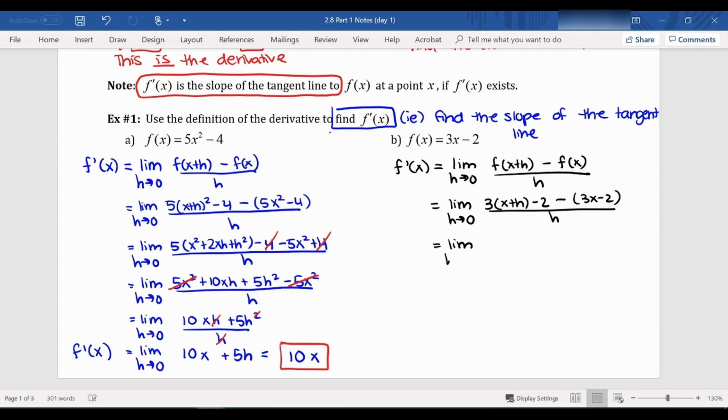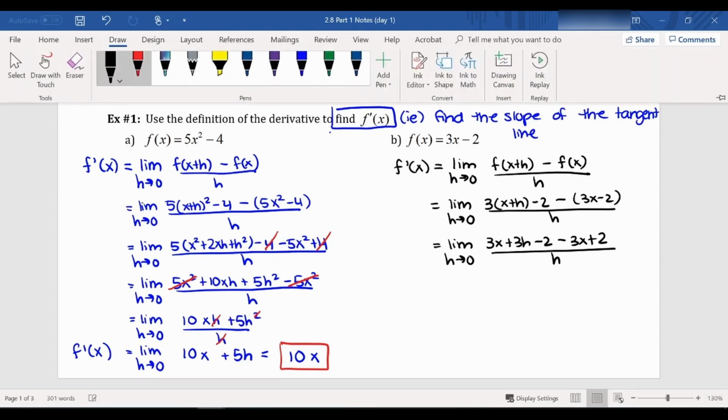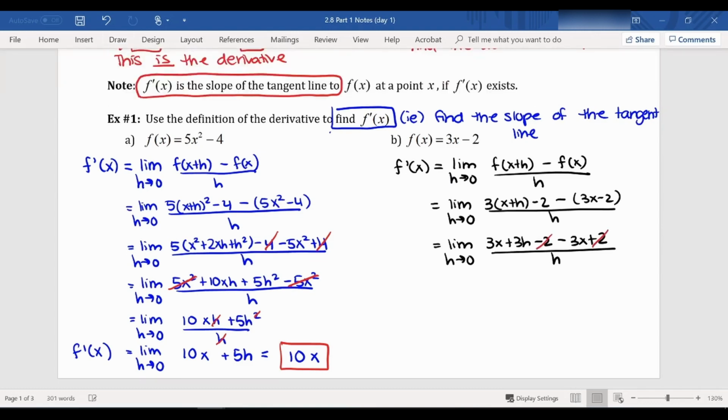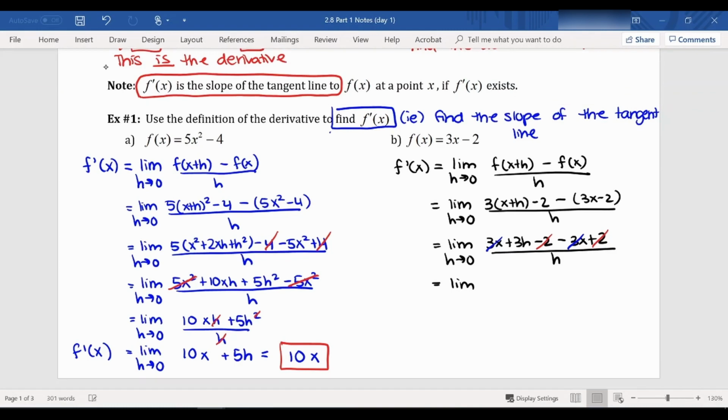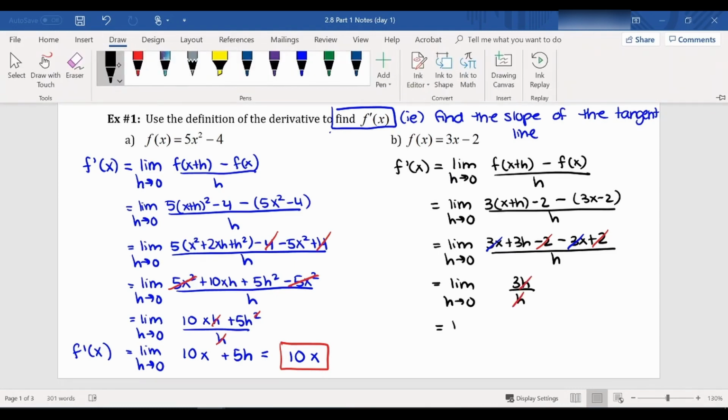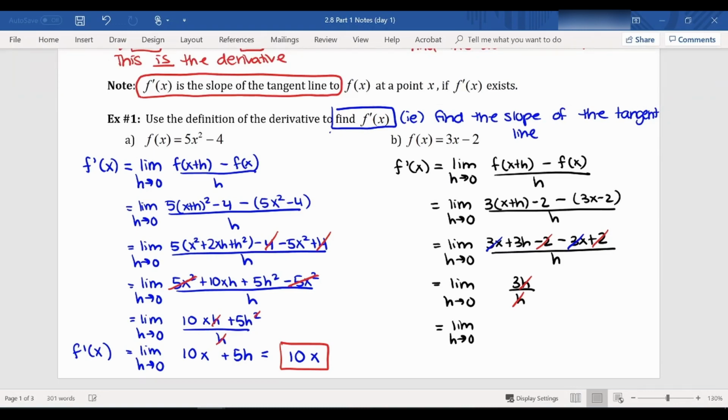I need to expand my brackets, and I get 3x plus 3h minus 2 minus 3x plus 2. And you'll see we've got a bunch of stuff that cancels out. Our 2's will cancel out, and our 3x's will cancel out. This leaves us with 3h over h. Those h's will cancel out, which means I have the limit as h approaches 0 of 3, which is just 3.